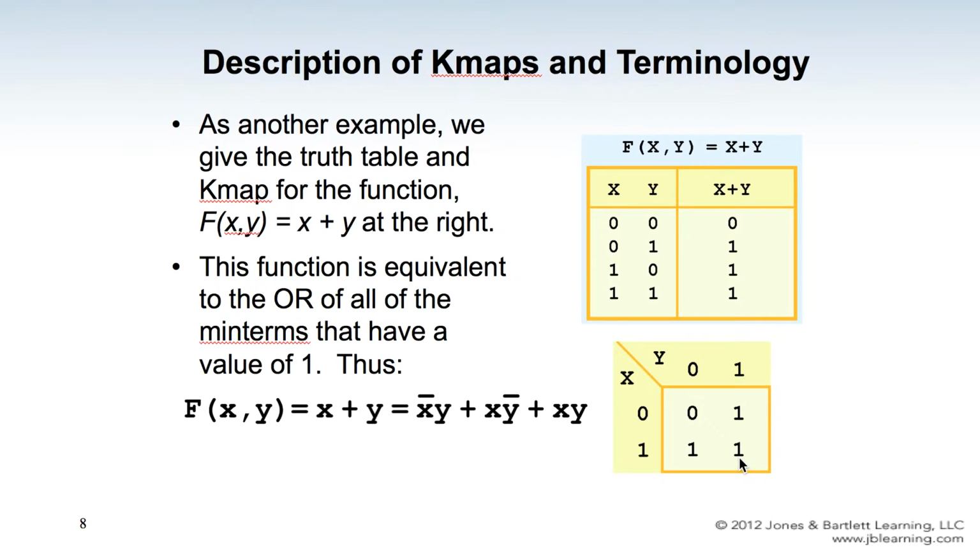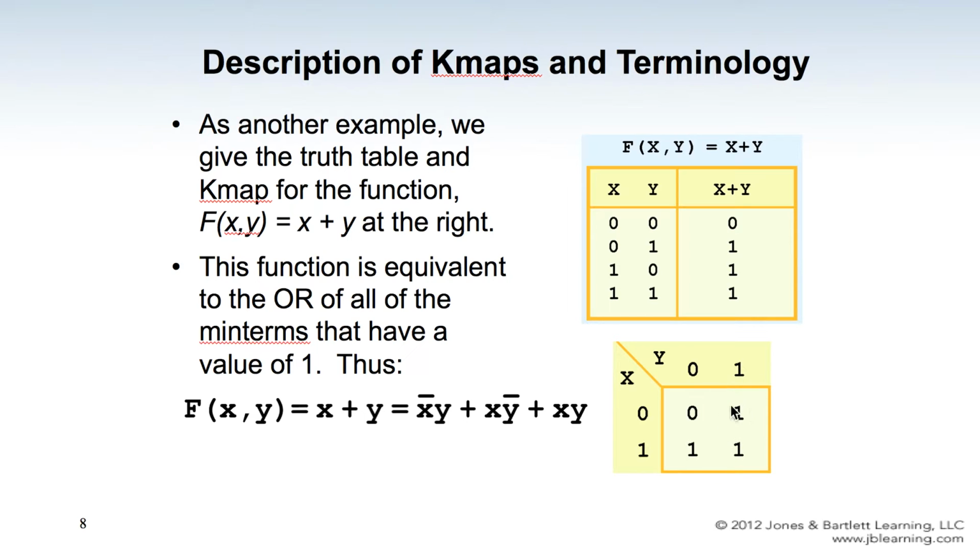So we also have a different way to represent it, by adding all the minterms in the K-map where the value equals 1. We can see that f x y can be equal to x plus y, that's the given form. And by using the K-map representation, you can also represent it by adding all the minterms together.